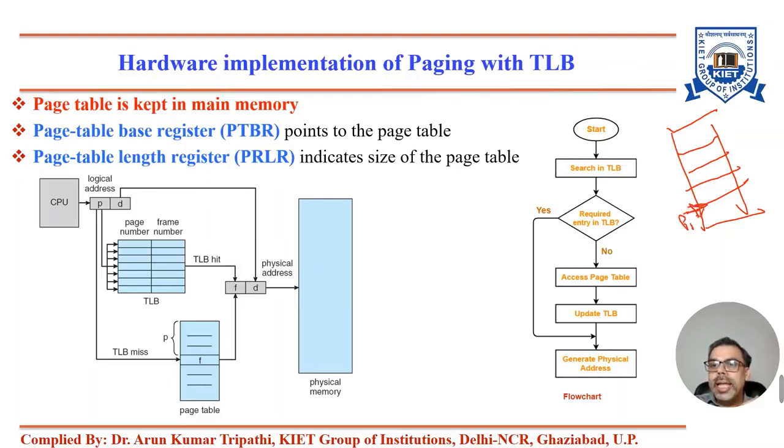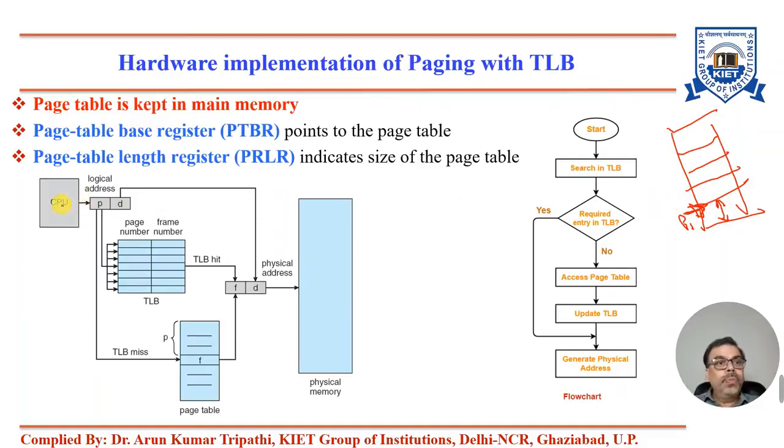So the register PTBR will contain the address of the starting location of the page table, and another register, PTLR, the page table length register, indicates the size of the page table. It is just like the limit register we discussed earlier in memory protection.